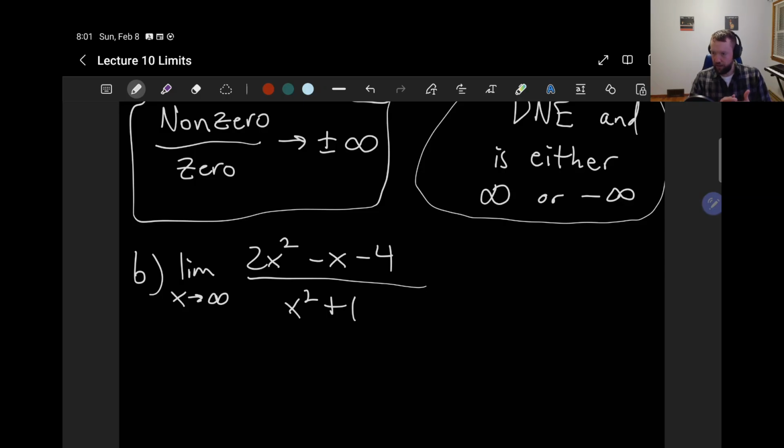Well, again, if you plug in very large numbers, then you get infinity over infinity, which doesn't tell you a whole lot. So again, you want to find the highest power of x that you can, in this case x squared, and divide everything by that.